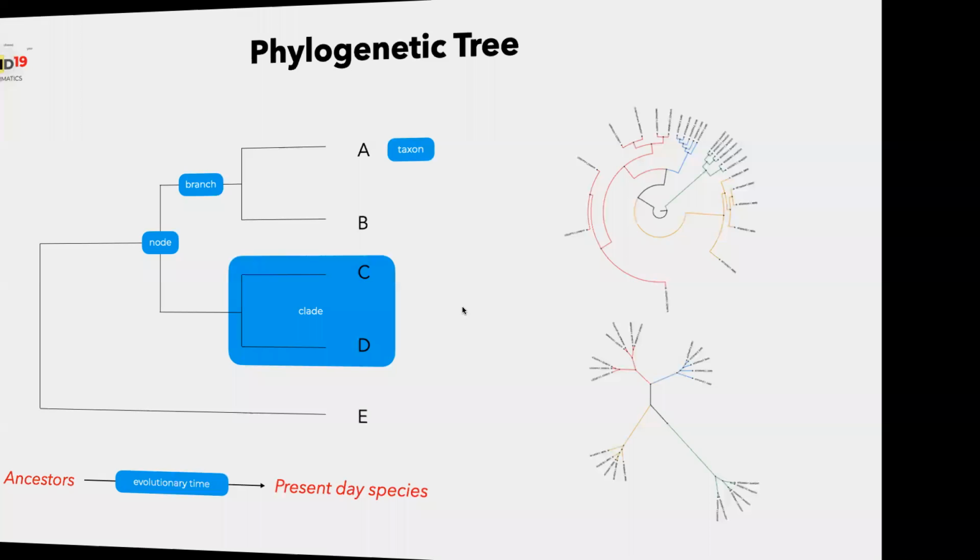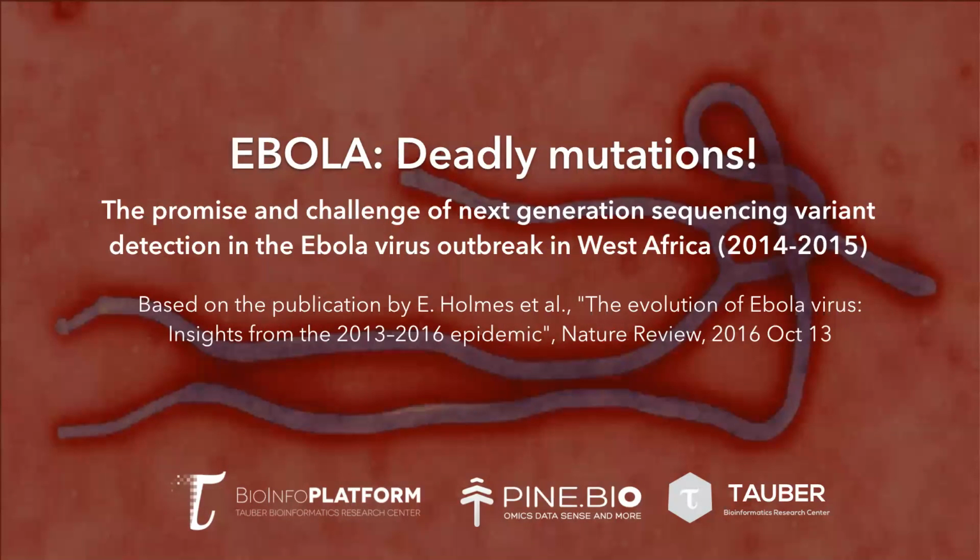To do that, we will use a project that we already started working on, Ebola, that has very specific mutations that were identified in the context of the 2014 to 2016 epidemic. And this is based on a publication, the evolution of Ebola virus, insights from the 2013-2016 epidemic, that was published in Nature Reviews in 2016.